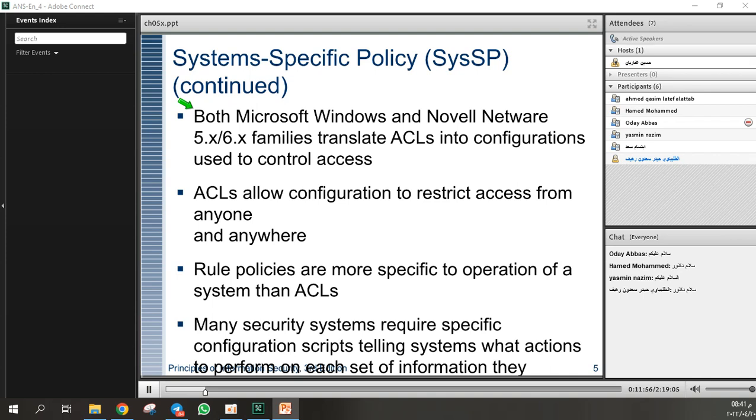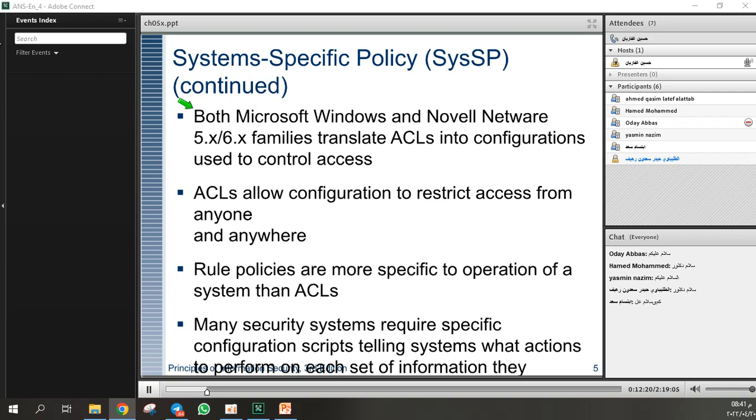Having a network with collaboration of these operating systems, one issue is this: you are using Windows and Novell NetWare together.